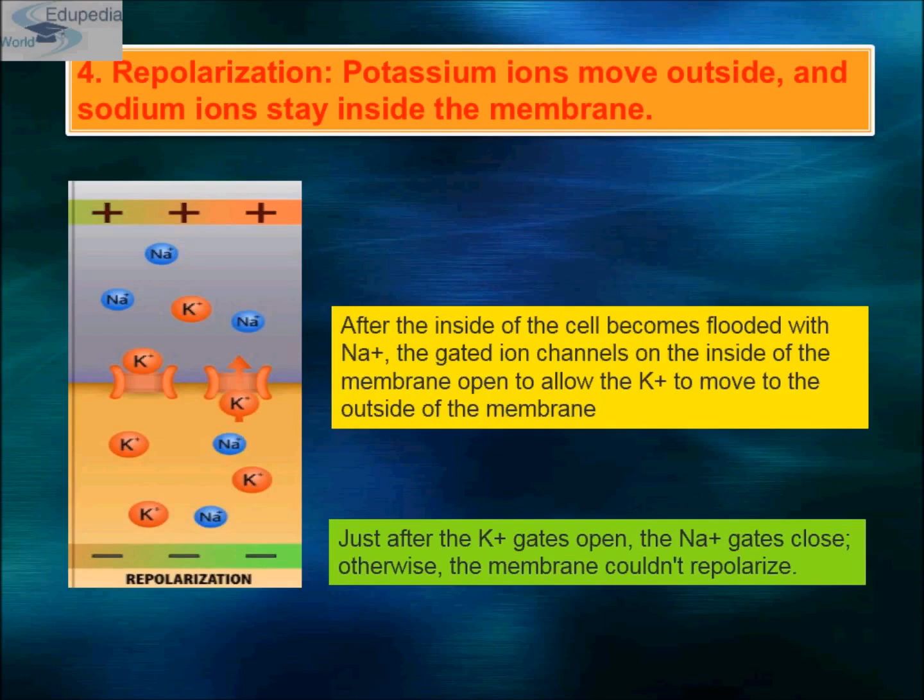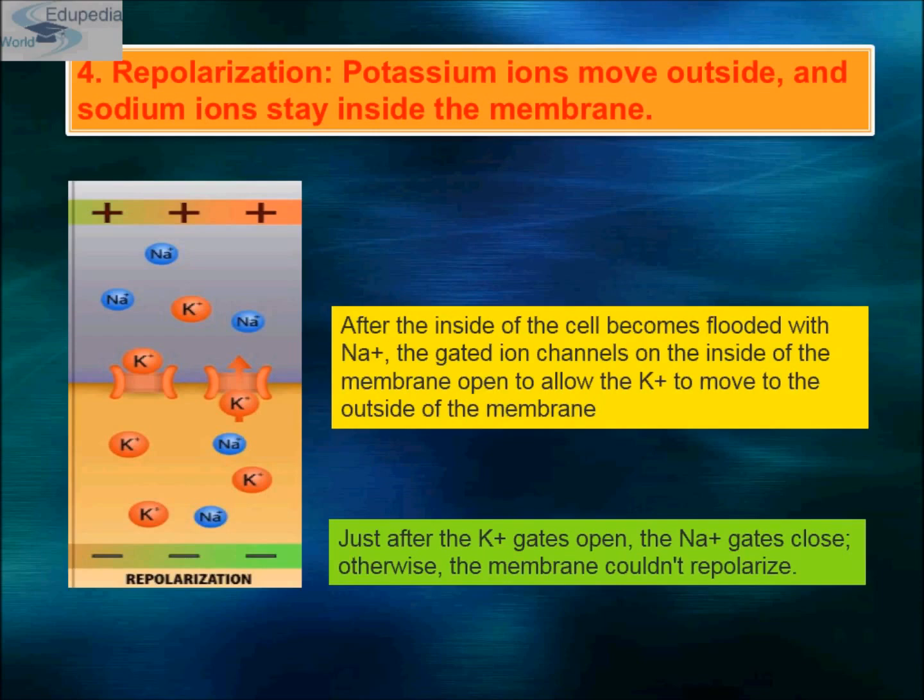That means potassium ions now move outside, and the sodium ions stay inside the membrane. Because in the third step we saw that sodium ions rush inside the membrane, but the space is limited. So what will potassium ions do? Potassium ions will move outside, and this process is known as repolarization.